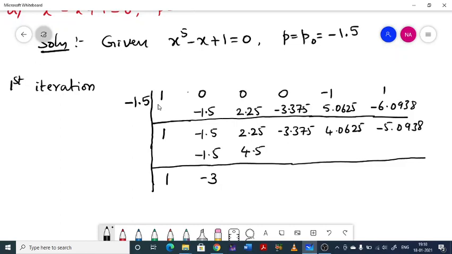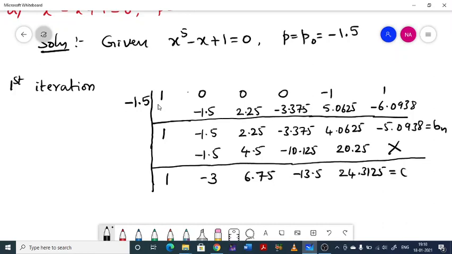Adding those two, you get 6.75. 6.75 into minus 1.5, that is minus 10.125. Adding those two, minus 13.5. So minus 13.5 into minus 1.5, 20.25. So adding those two, 24.3125. So here I am not going to write anything. This is Bn, this is Cn minus 1.